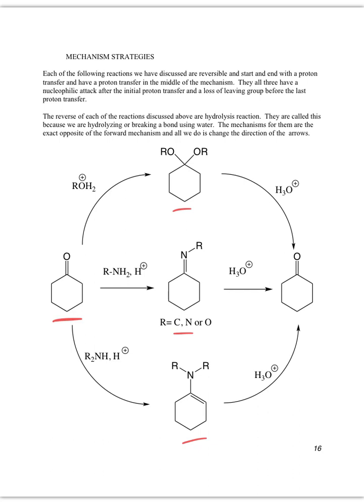The acetal or ketal is basically a protecting group. It's going to make it so we can't do anything to the carbonyl. The imine, we can add a nucleophile to easily. We can do different things to it.